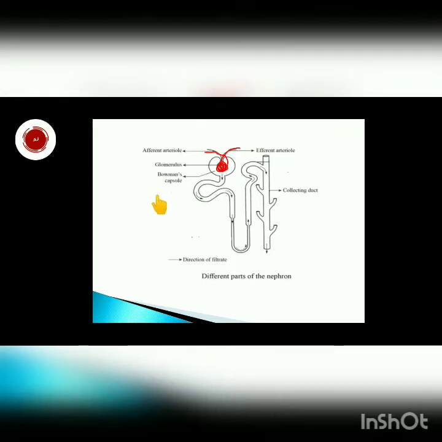Once again, I am repeating the structure. The nephron has a cup-shaped structure known as Bowman's capsule. Inside Bowman's capsule there is a ball-like structure of capillaries which we call the glomerulus, and the blood comes out through the efferent arteriole. This Bowman's capsule opens into a tube-like structure known as the tubule, and this tubule opens into the collecting duct.